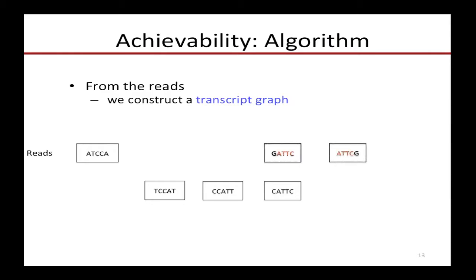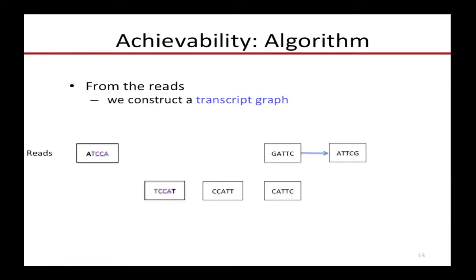So here you see that these two, the reads on the right, there is an overlap of ATTC between them. So then you expect that they probably came from the same region of the RNA. So you say, yeah, maybe they're adjacent. So whenever two reads have a certain overlap, then you say that they probably come from the same portion of the RNA.